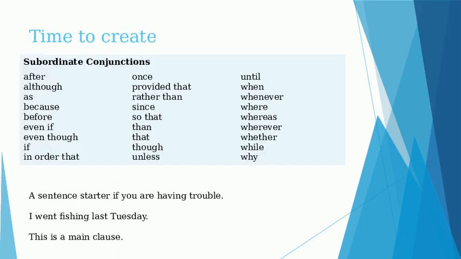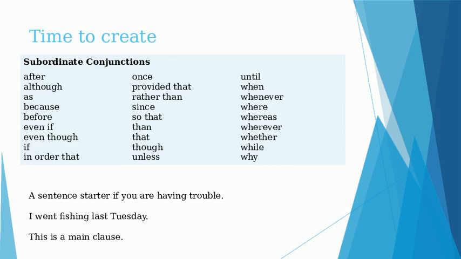Okie dokie. Now it is time to create a sentence of our own. I've added some subordinate conjunctions here to help you out. Okay. You will write in your book, in the grammar section of your book, because we are in our reading rotations.